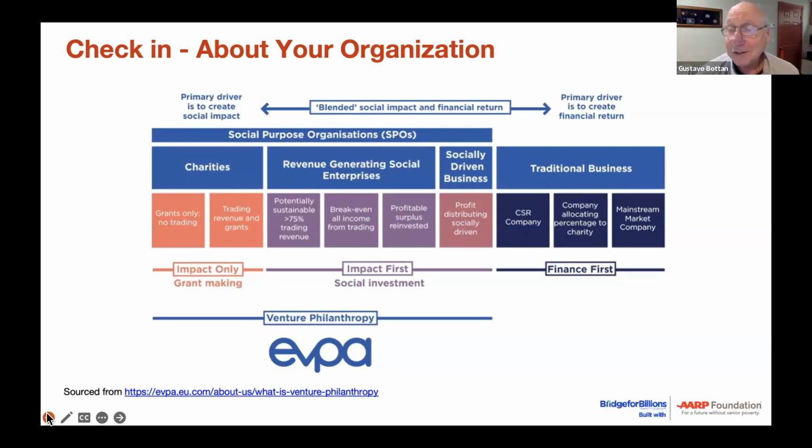I have to say that I was hoping that question would not be raised because I don't have a good answer for it. This comes from the European Venture and Philanthropic Association. I did not have enough time to go to their website and try to find all of their definitions.